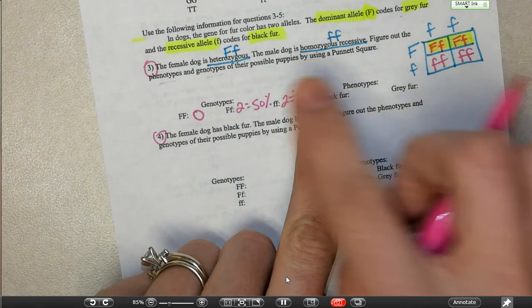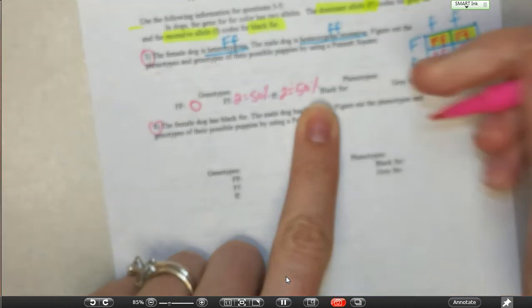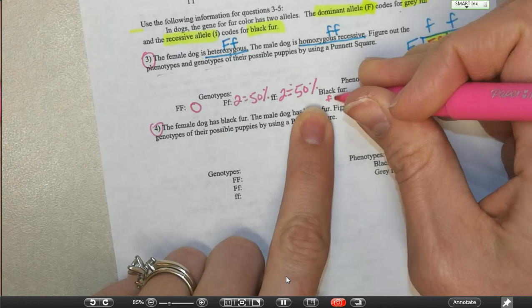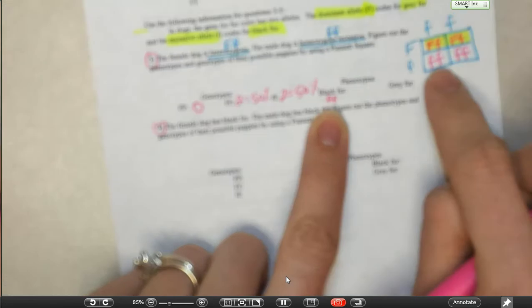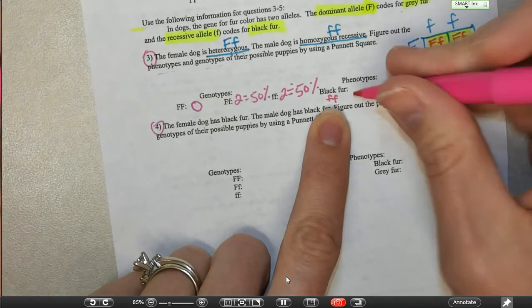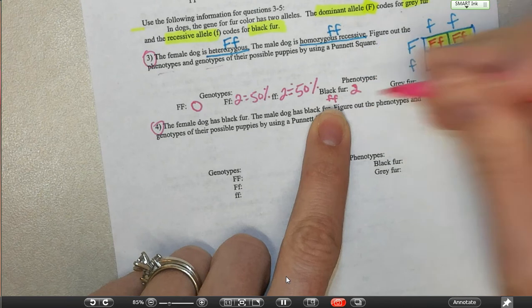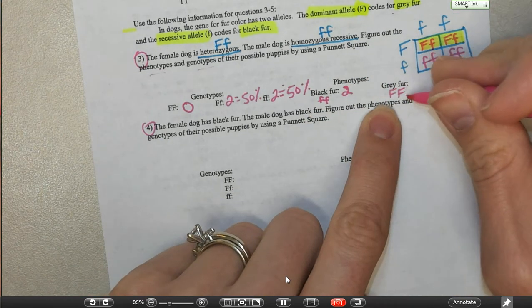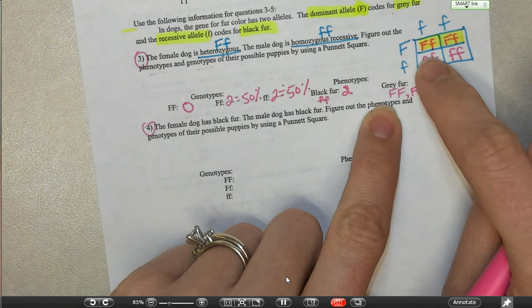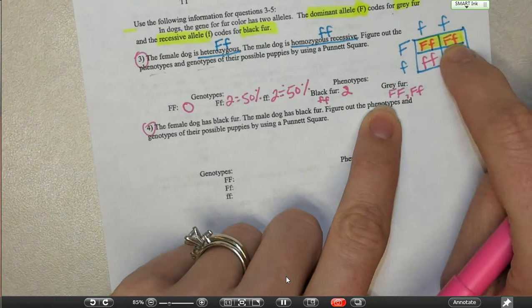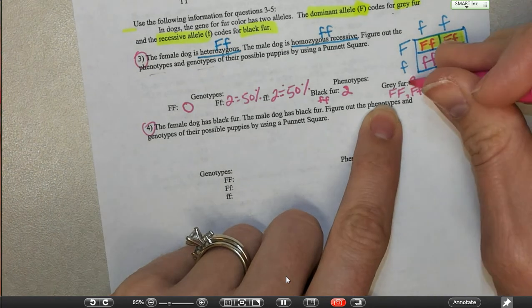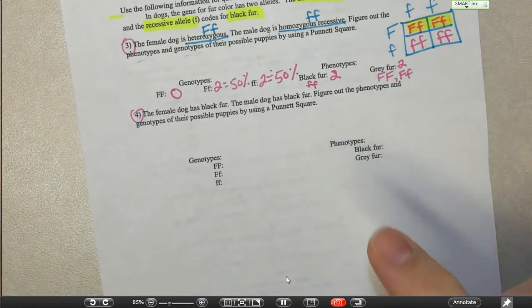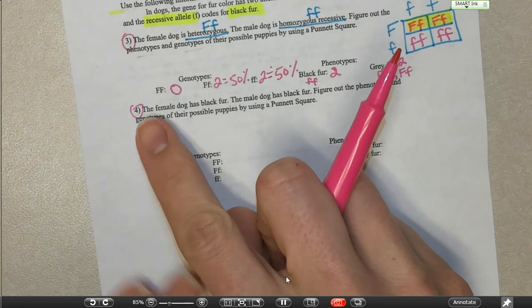Remember, the black fur, if we look up in the earlier problem, is recessive. So just as a reminder for myself, I'm going to write little f, and we have 2 of those that would stand for that. And gray fur, our possible options would be capital, capital, and capital lowercase. In this case, we have 2 heterozygous gray fur. And again, you could put that 50% there as well.